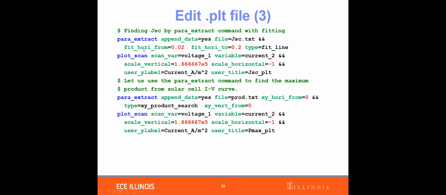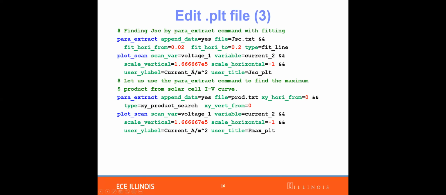And we want to fit the voltage from 0.02 to 0.2 so that we cover this short circuit range. And then similarly, we just copy paste this IV curve to here. They are the same.